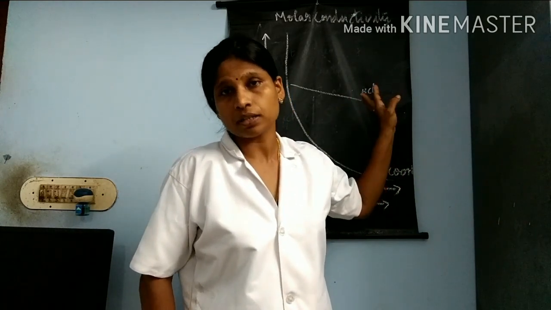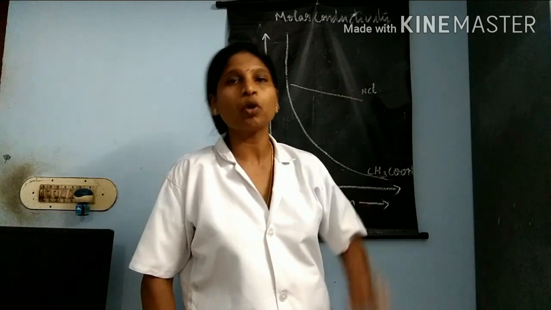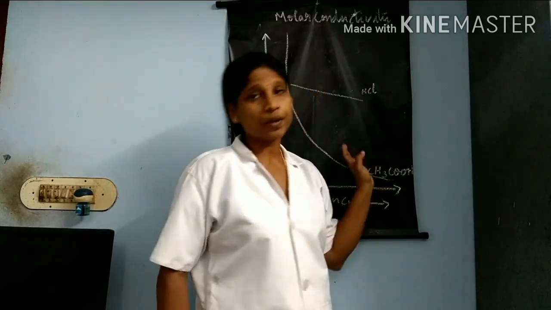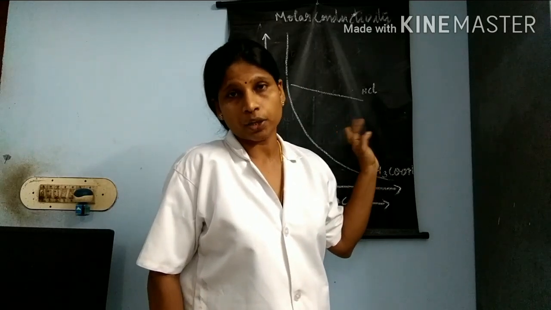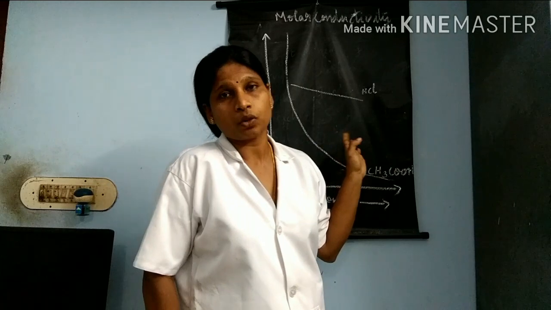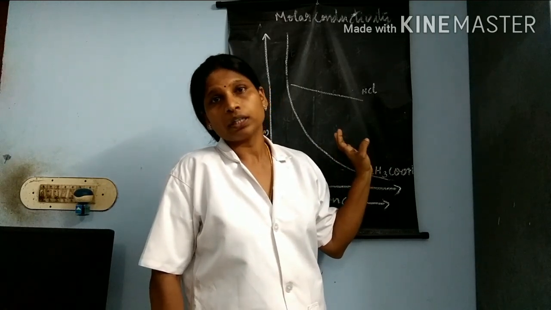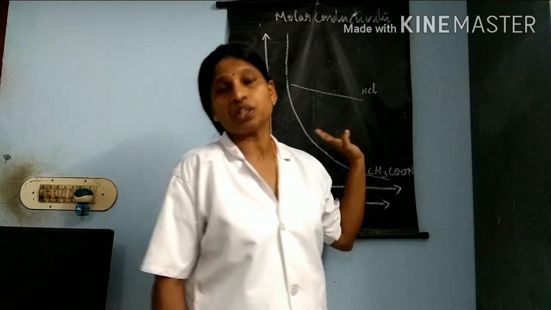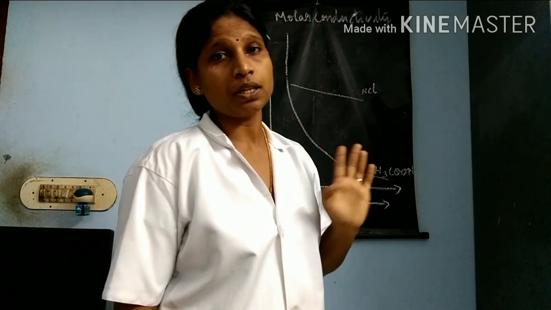Molar conductivity is nothing but the conductivity of 1 mole of electrolyte taken in a conductivity cell. So you already know what a conductivity cell is. Platinum electrodes are present, and the electrolytic solution whose conductivity is to be measured is taken in the conductivity cell.